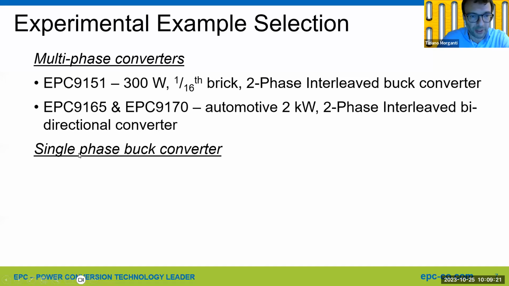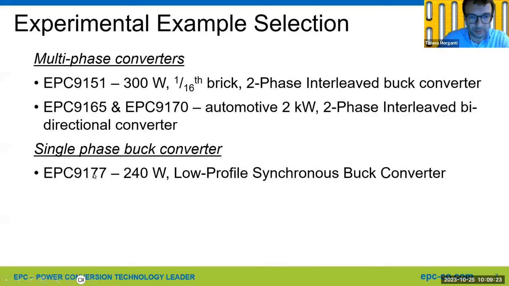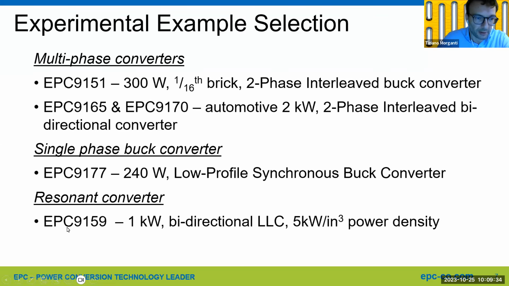Then a single-phase buck converter, which was developed to be very compact and low profile, EPC9177. And then we will have a look at a bus converter, EPC9159, which is a very high power density bidirectional LLC converter.